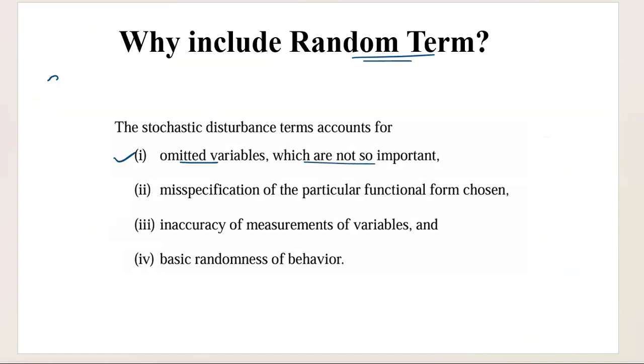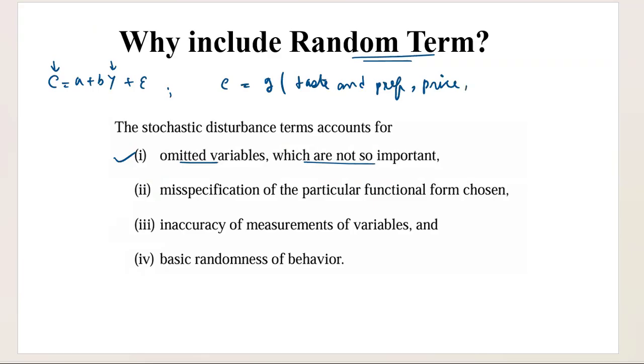So if you talk about Keynesian consumption function like this, here we have said that consumption is only dependent on income. Income is the only explanatory variable here. But what if I say that consumption is also a function of taste and preference of the consumer? What if I say consumption also depends on the price of the good?